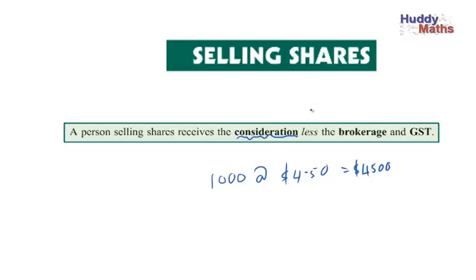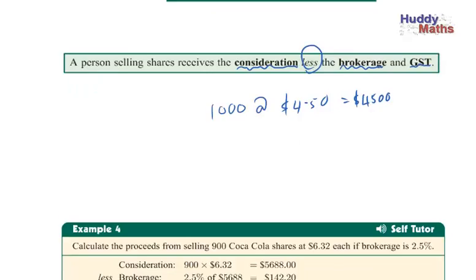But this time, you will lose money from that, because you've got to pay the stockbroker and you've got to pay the 10% goods and services tax. So this time you're going to work out the consideration and take off your charges. Okay, so just keep that in mind. Let's come down and have a look at that in action.